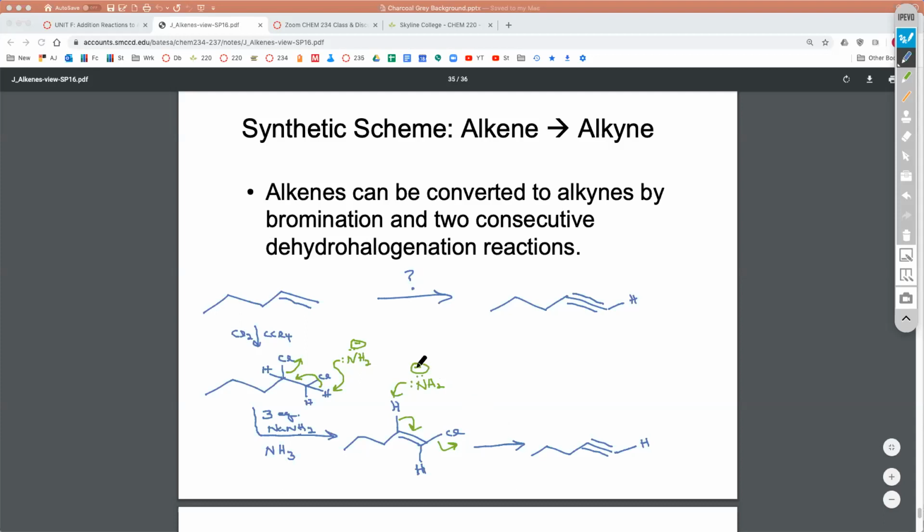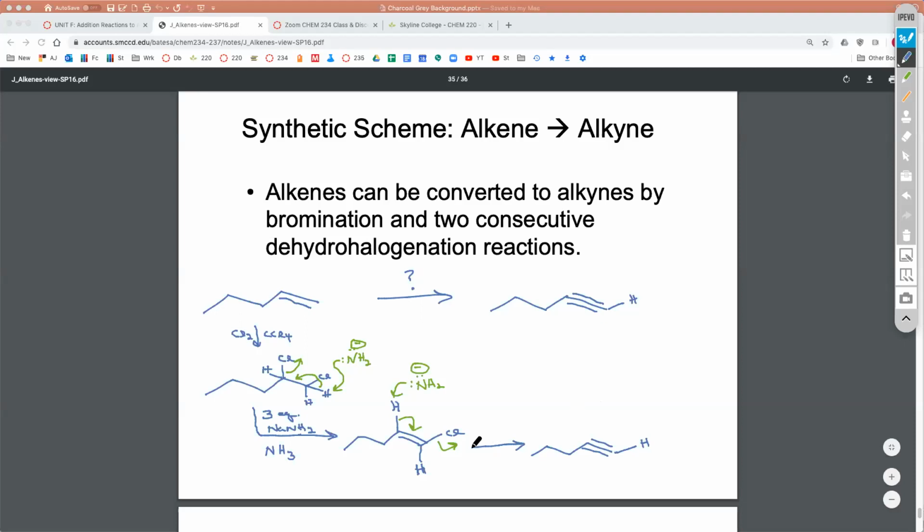Not on a mole scale, but rather on each individual molecule scale. So that means about halfway through this reaction, this would stop, because while you would have converted much of this to the alkene, once you get it to the alkyne, it becomes immediately deprotonated. And so let me show that step then.